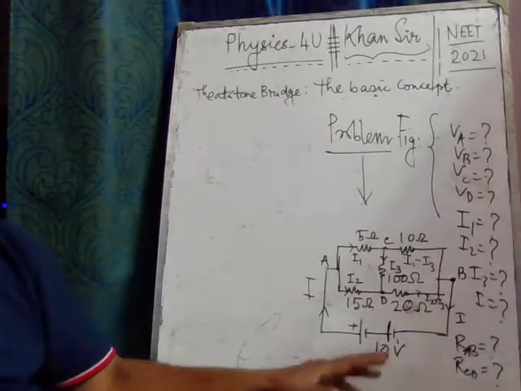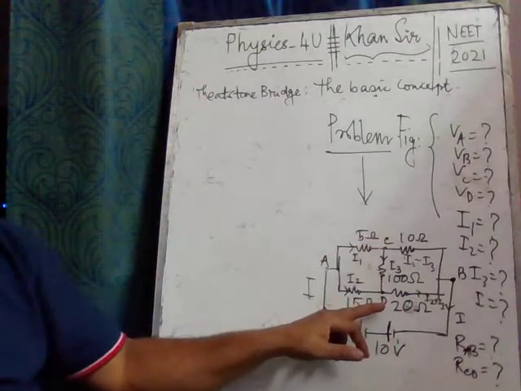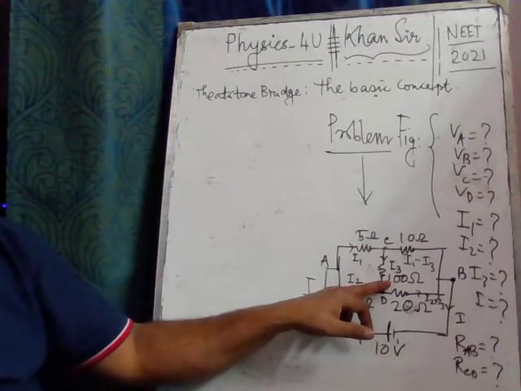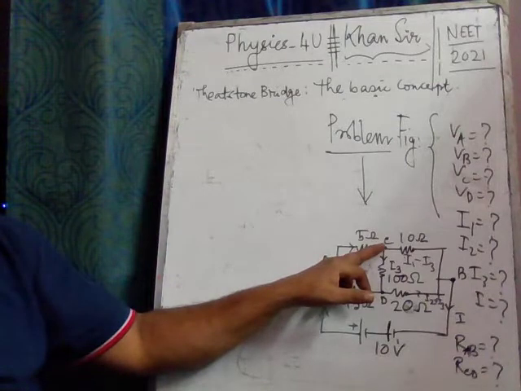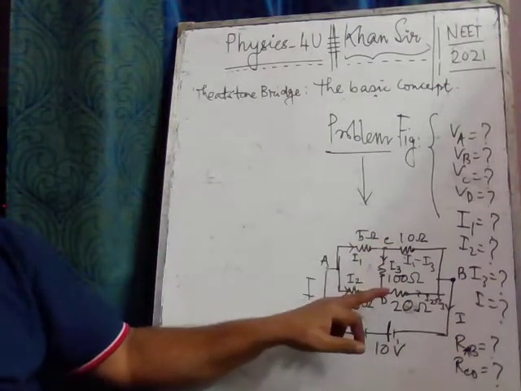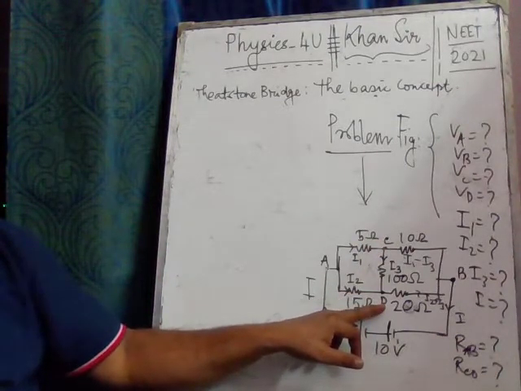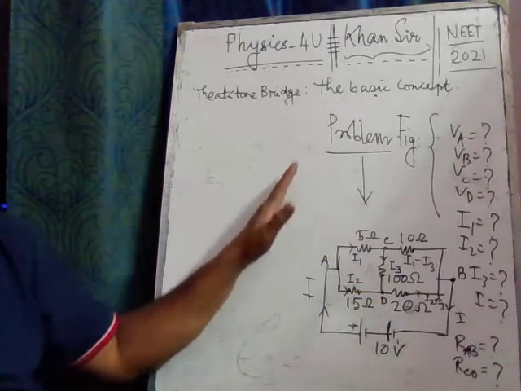And also the resistance between C and D, which is given. Actually, we want to know the potential difference between point C and point D. Clear? So this is our objective.